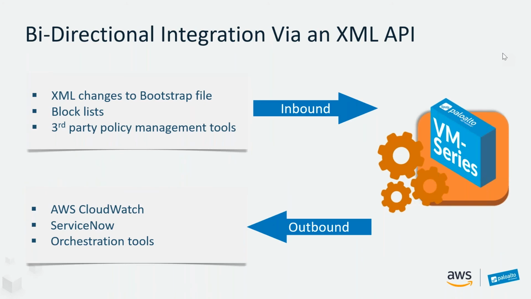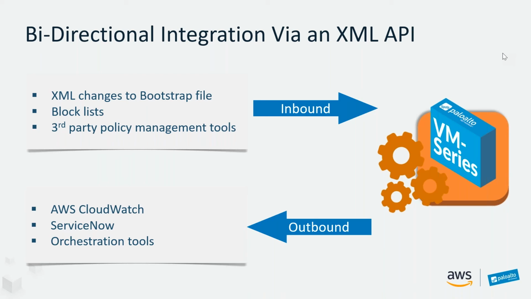The other piece here is a bi-directional XML API. This can be used in a number of different ways. We can ingest information to dynamically update block lists. So if you're using a visibility tool that finds malicious DNS, you can conceivably import that DNS information into the policy and create dynamic block lists. Then you can export data.